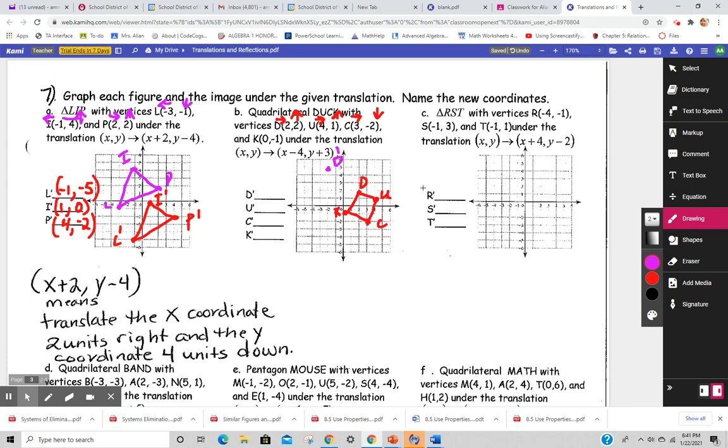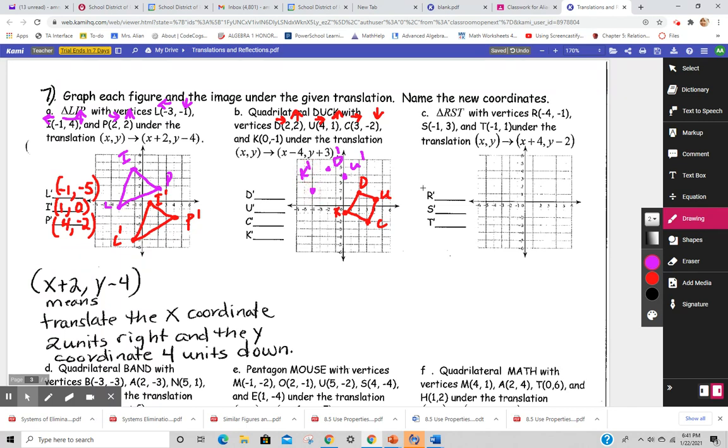Let's do U. 1, 2, 3, 4. 1, 2, 3. And that's U prime. K, 4 left, 3 up. 1, 2, 3, 4. 1, 2, 3. It's K prime.